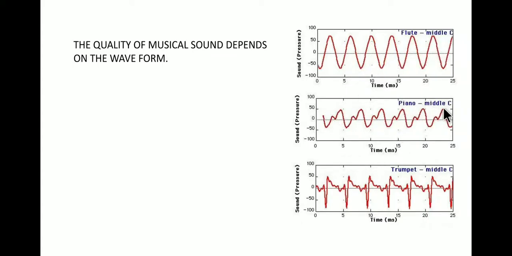Piano plays the same note, middle C, and this is the waveform of the piano. And trumpet again plays the same note, middle C, and it produces this kind of waveform. So you can see different waveforms of different instruments. This is because of their quality. The quality of these different instruments gives different waveforms.